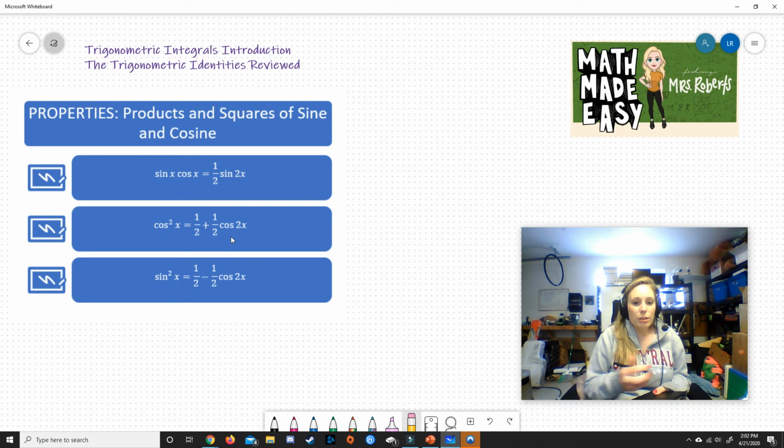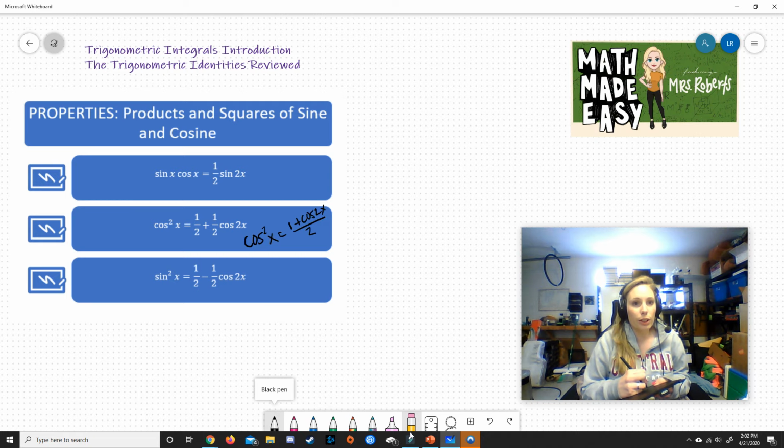And that can actually be rewritten a little bit prettier, I think. We can also say that this is the same thing as cosine squared of x equals, well, these have a common denominator, 1 plus cosine 2x over 2.